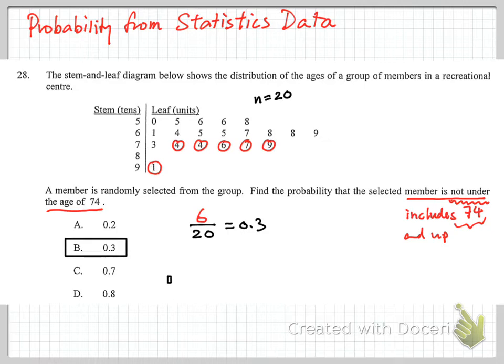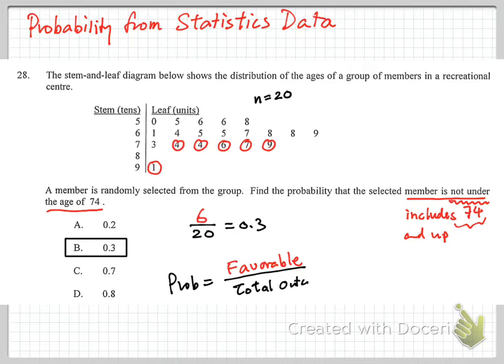The probability is the favorable outcomes divided by the total outcomes. The ones that fit our requirement, we call them the favorable outcomes, divided by the total outcomes.